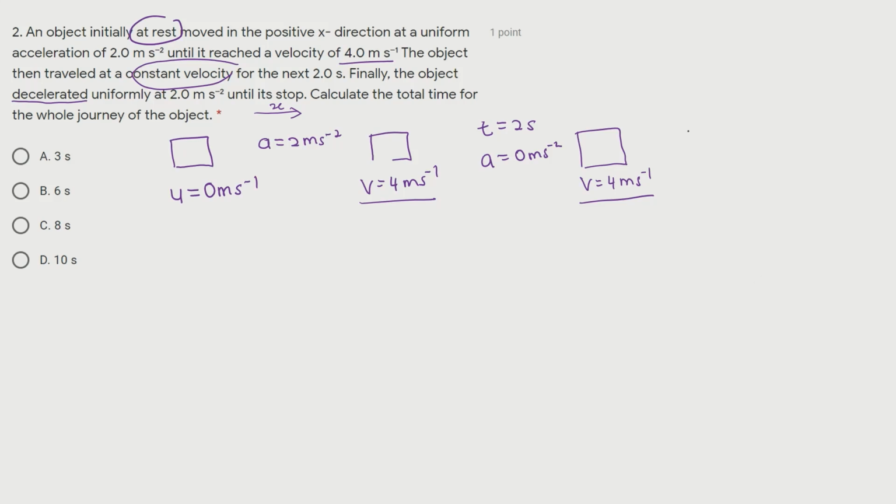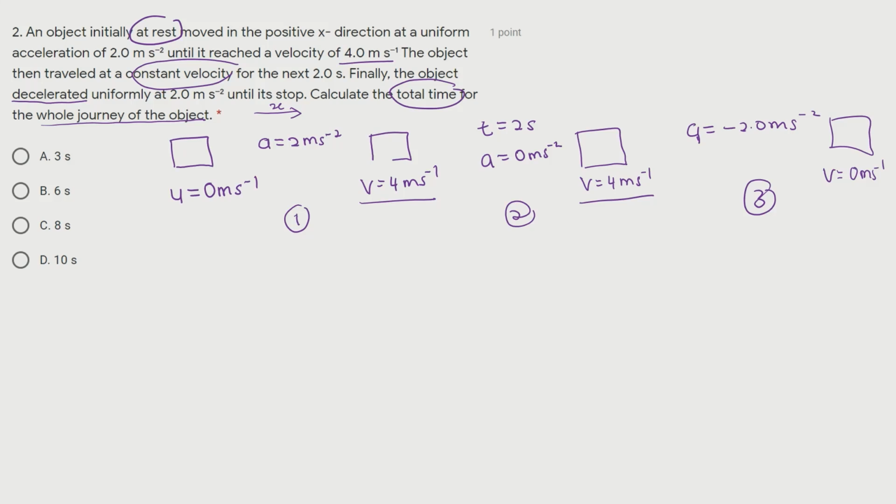Decelerated means it is negative acceleration, so it becomes -2 meter per second squared until the object stops. When the object stops, it's not moving, so the velocity is 0. Now you have how many situations? 1, 2, 3. Now it says calculate the total time for the whole journey of the object.